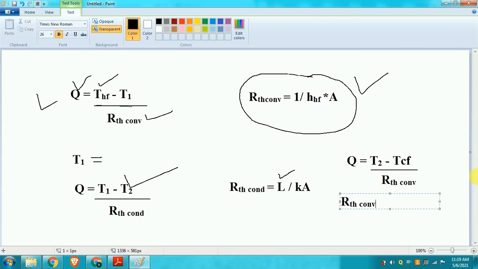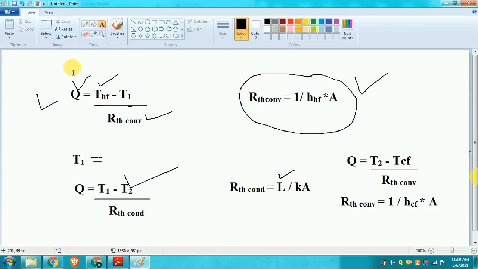This is equals to 1 divided by outside fluid heat transfer coefficient value into the area. So using this equation you can find out directly. If you want to use the other equation, then you have to find out T1 temperature.